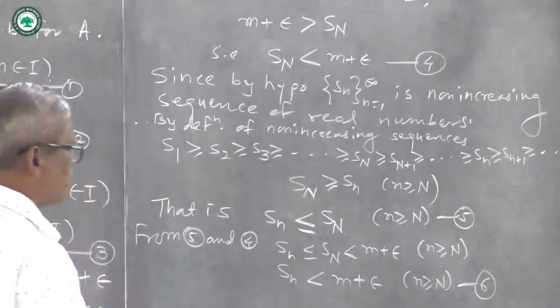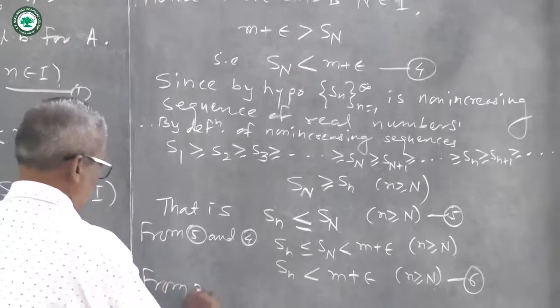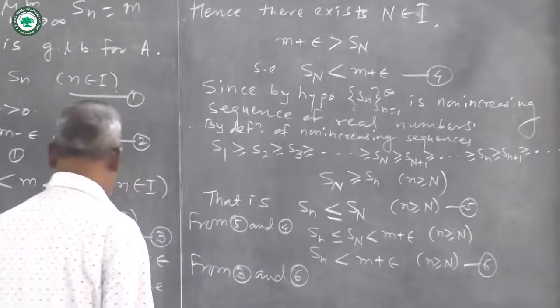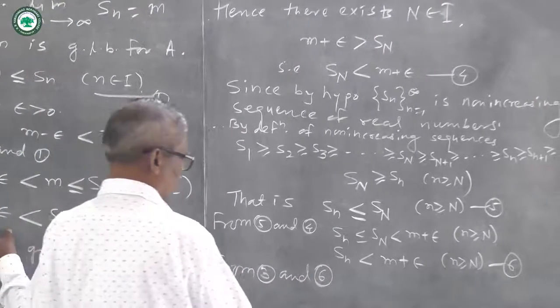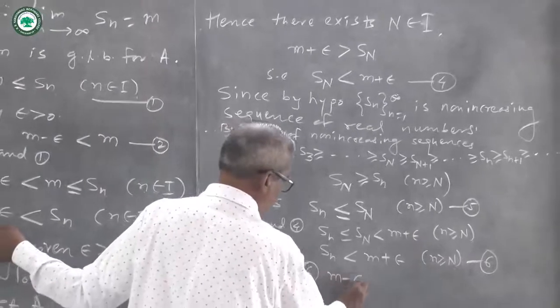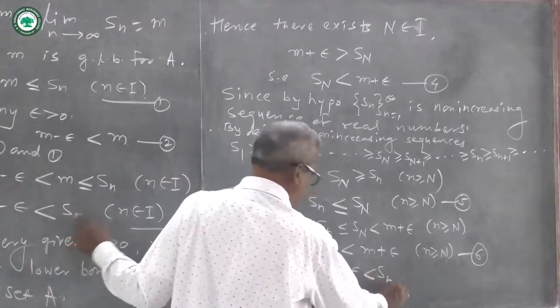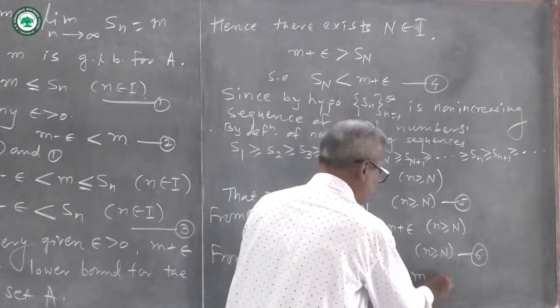From relation 3 and 6, we write m minus epsilon less than Sn, and Sn is less than small m plus epsilon.